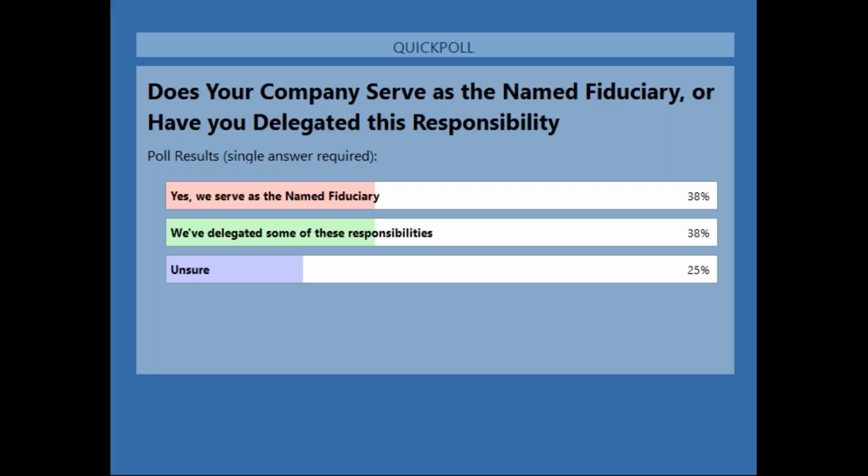This is part of what we're trying to tackle today: to enable you to go back after this webinar, take a look at, certainly at the high level, the things we're going to talk about, and figure out internally who's serving in that role. And if that role isn't being fulfilled internally, who is it outsourced to?